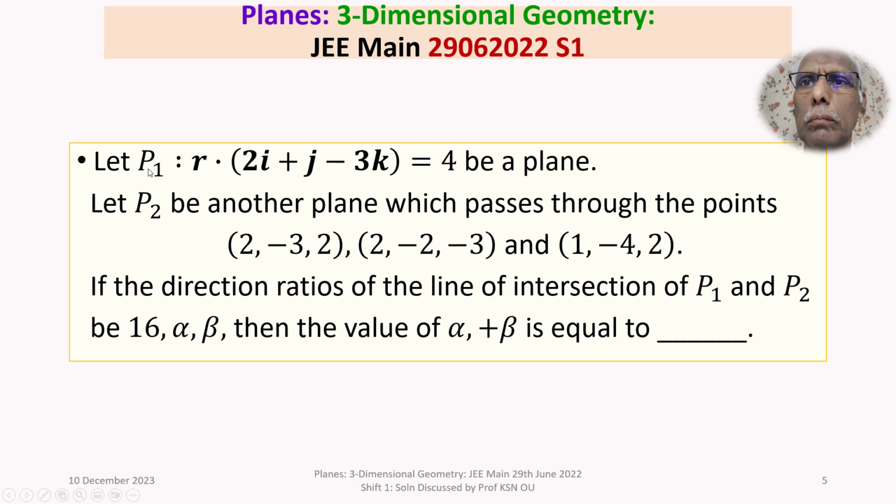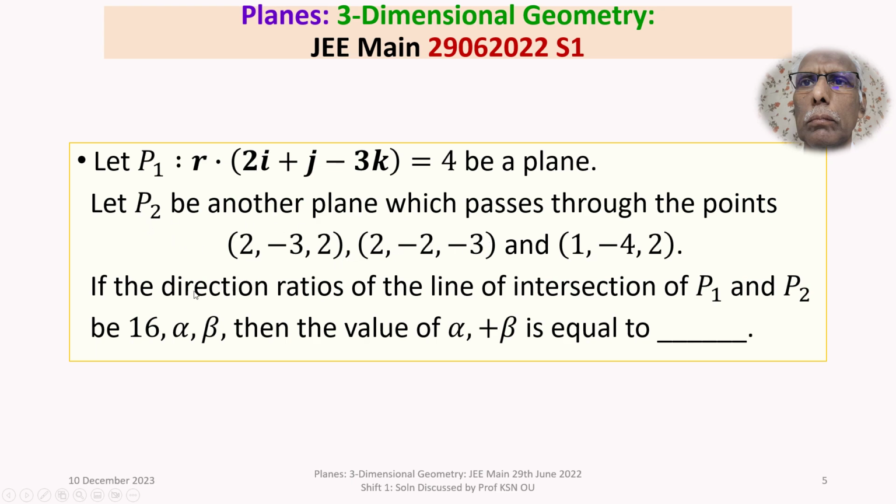We are given a plane P1 in the vectorial notation as the vector r dot the vector 2i plus j minus 3k is equal to 4. We are also given a second plane P2, which is passing through 3 points. These are the 3 points through which the plane P2 is passing.